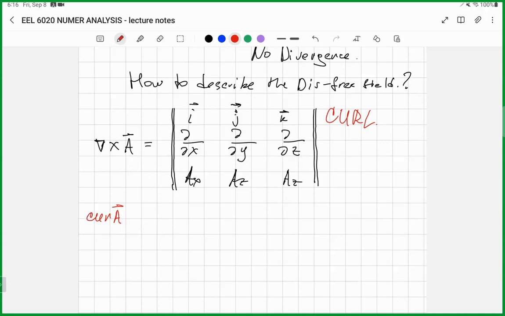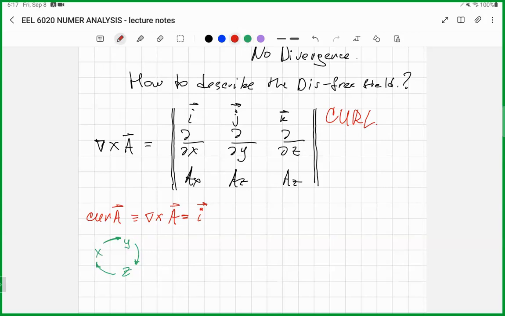So the curl of A, the same as nabla cross A, is given by the following. Remember, the components in this formula go from x to y and z, like a cyclic exchange, right? From x to y, from y to z, from z to x.